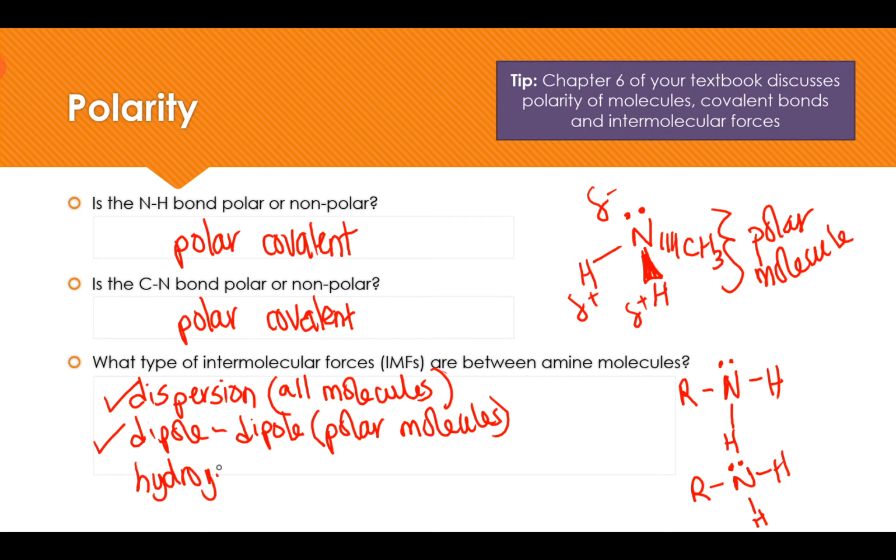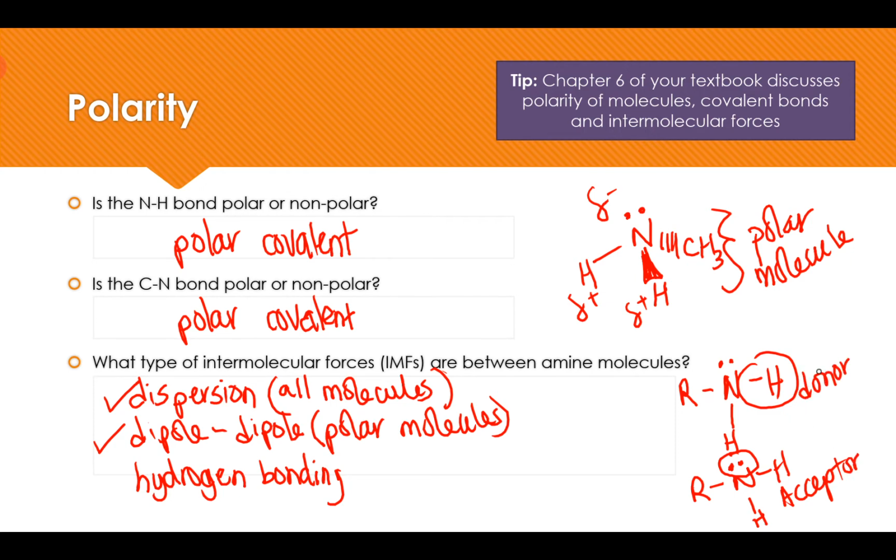Can we have hydrogen bonding between 2 amines? Well, this does have a hydrogen bonded to the nitrogen, and there is a lone pair, so we do have an acceptor, and we have a donor.